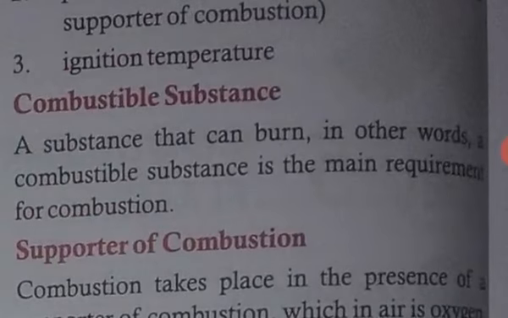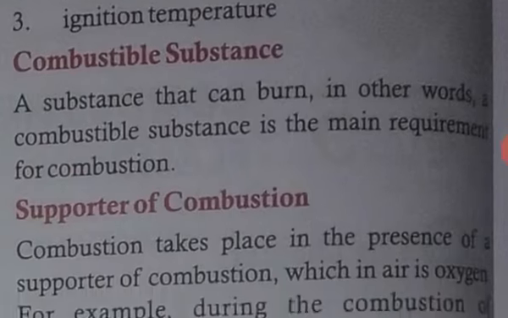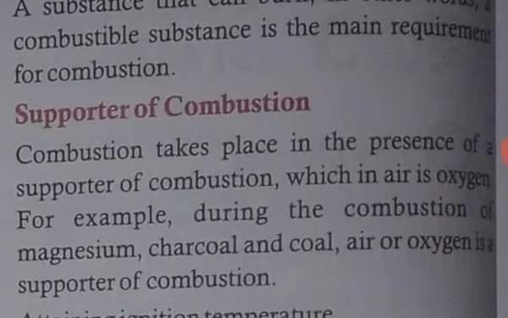The combustible substance is a substance that burns, and it is the main requirement for combustion. Combustion takes place in the presence of a supporter of combustion, which in air is oxygen. For example, during the combustion of magnesium, charcoal and coal, air or oxygen is a supporter of combustion.